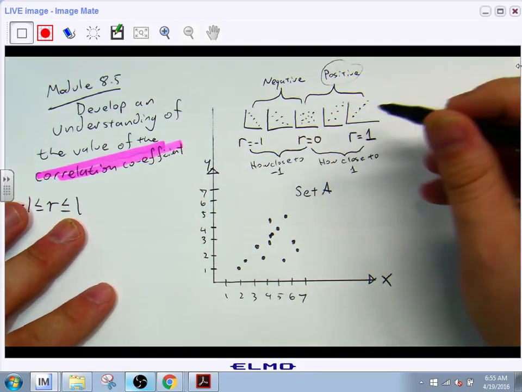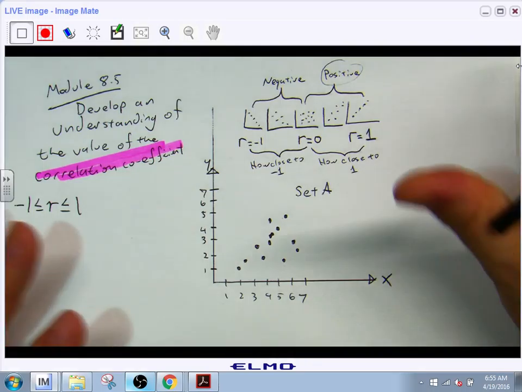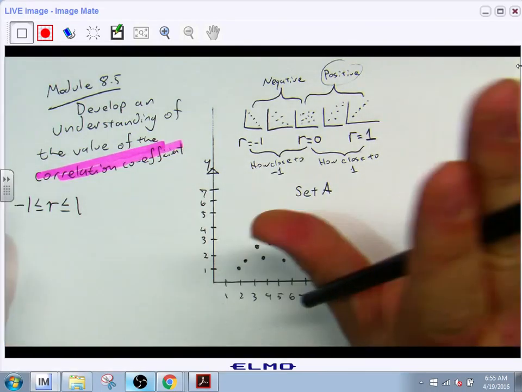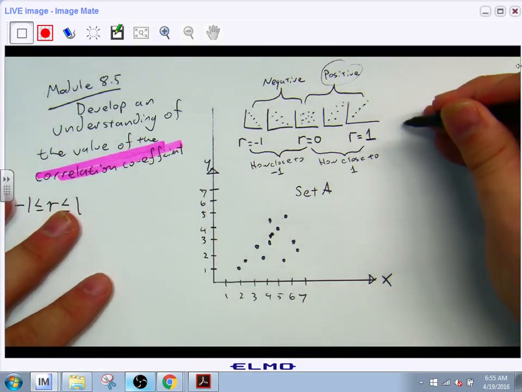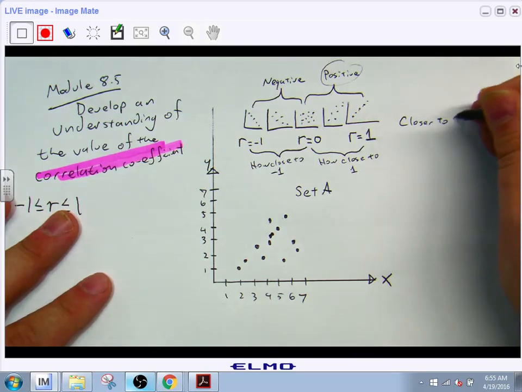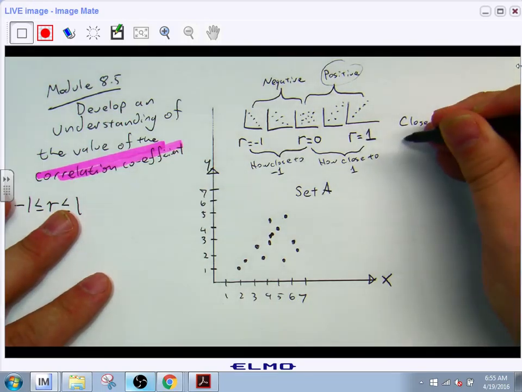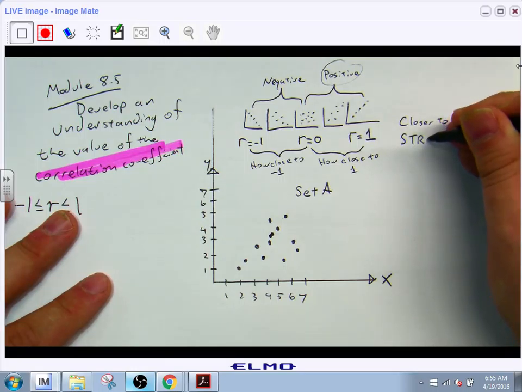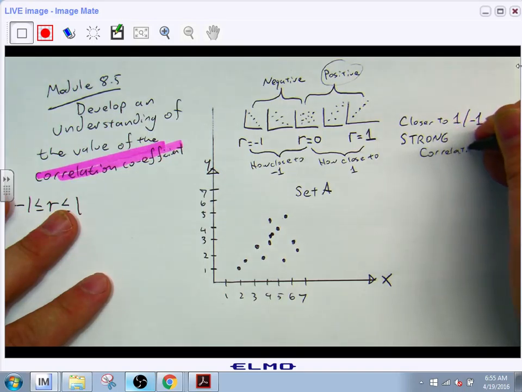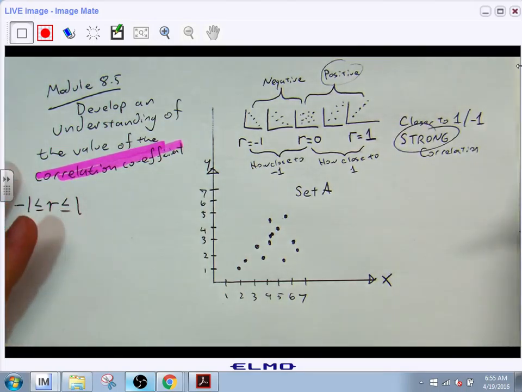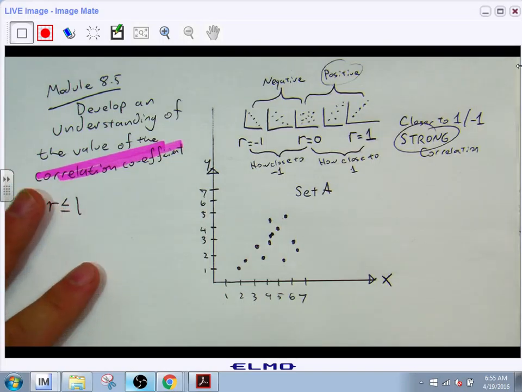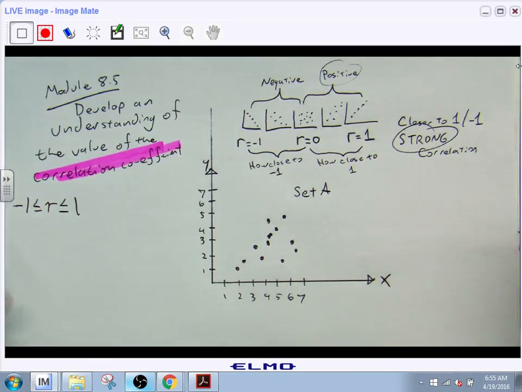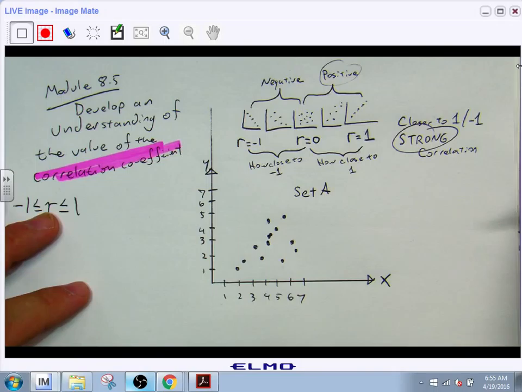What this means is if the number is close to 1 or -1, it's going to be a stronger correlation. So closer to 1 or -1 means strong correlation. When we're talking about 1, -1, 0.9, -0.9, 0.8, -0.8, as long as it's approaching 1 or -1, we're going to call that a strong correlation.